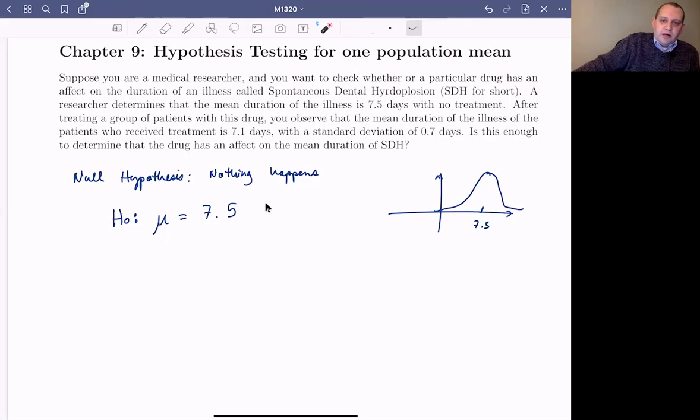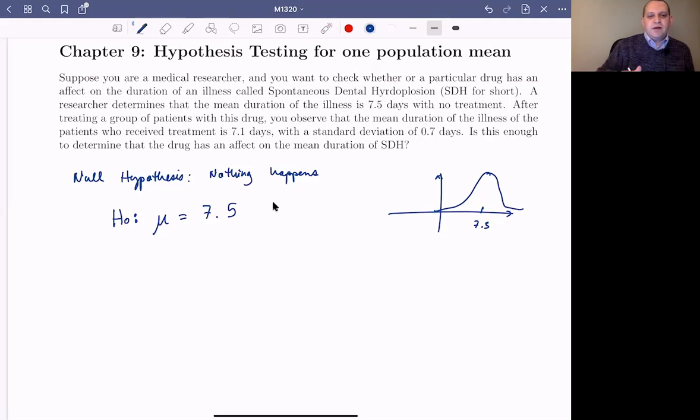How do we know whether or not it's really the medicine? That's the question we're going to answer: how do we determine the threshold that it's actually the medicine and that there's some effect, rather than it being just random chance? That's really what we're going to concern ourselves with in this chapter.